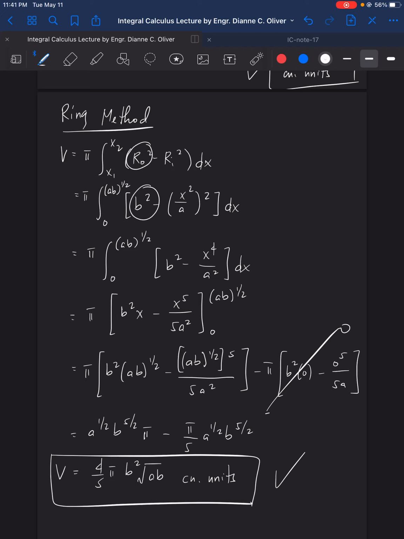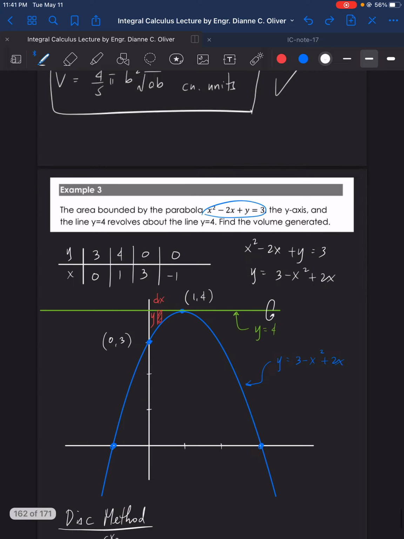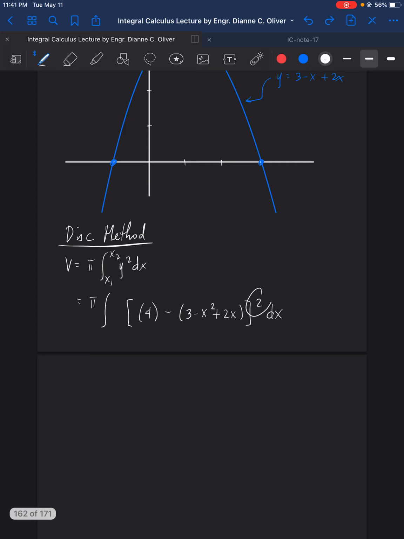Now, for this method, it's outside the parentheses. So, we have pi, x1 to x2, y upper minus y lower squared dx. And also use that as a pattern.